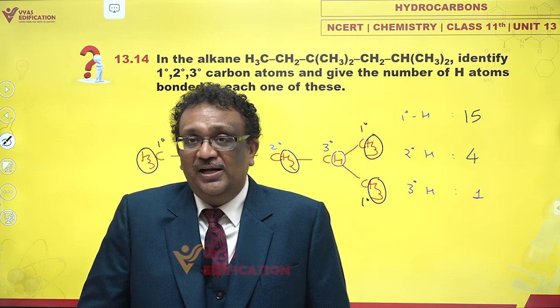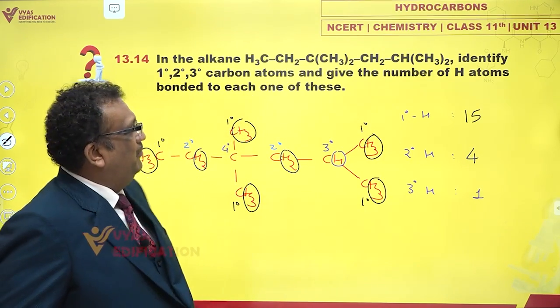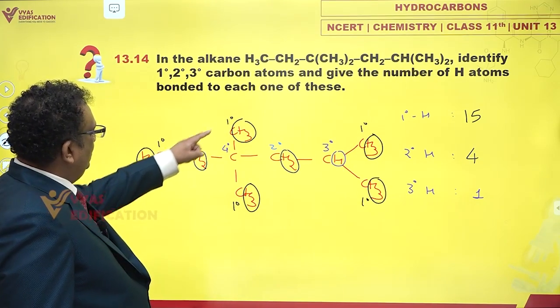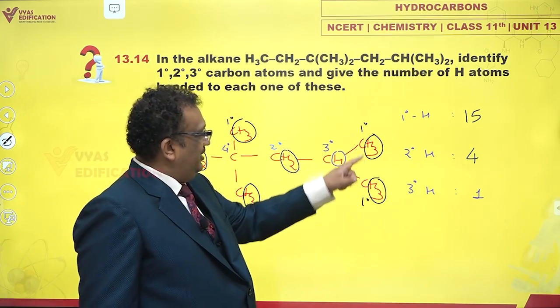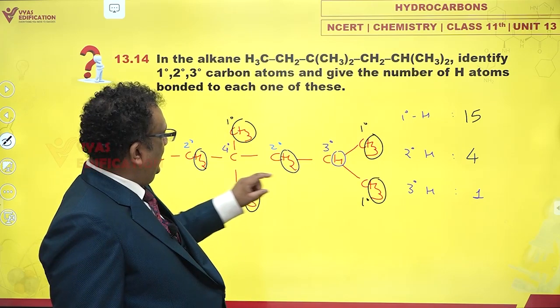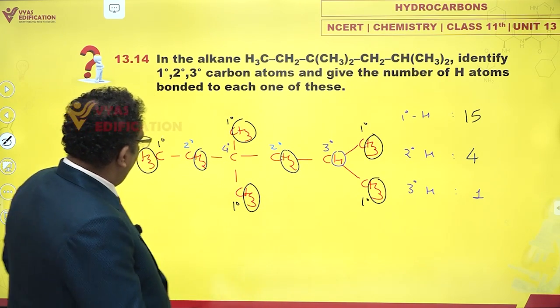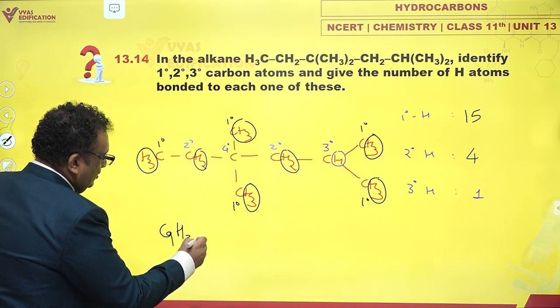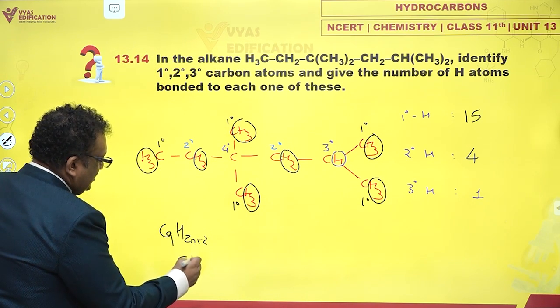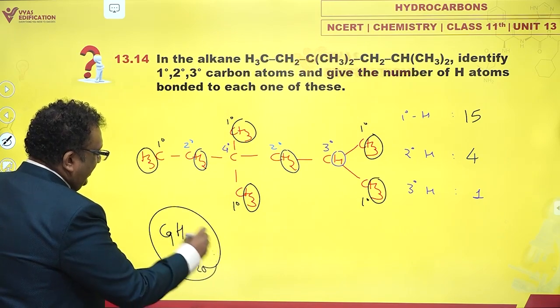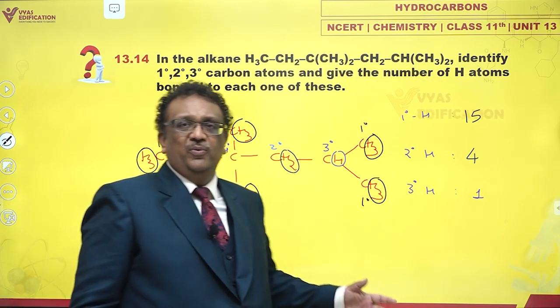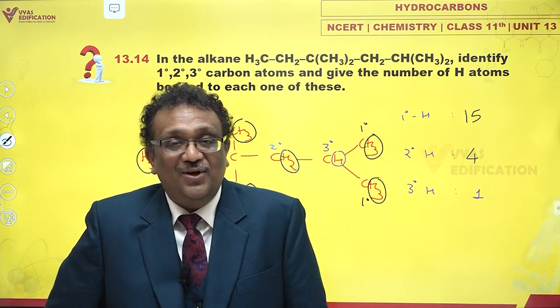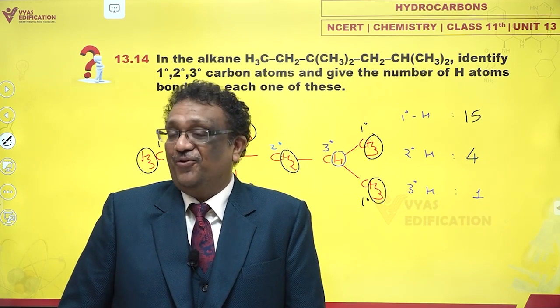Have I counted correctly? Should I cross check? We should. How many carbon atoms are there? 1, 2, 3, 4, 5, 6, 7, 8, 9. So we have C9, H2n+2: C9H20. Hydrogens should have been 20 and they are coming out to be 20. So yes, we have not missed out on anything. It is correct. We have cross-checked also.